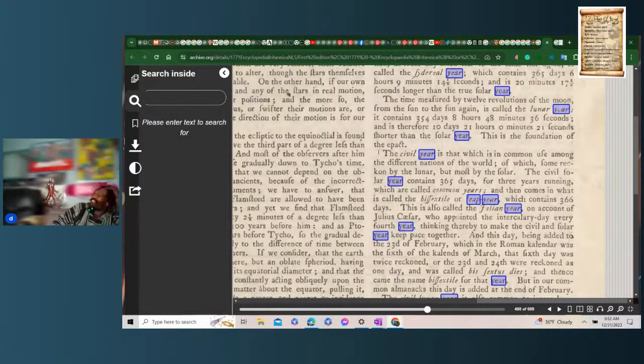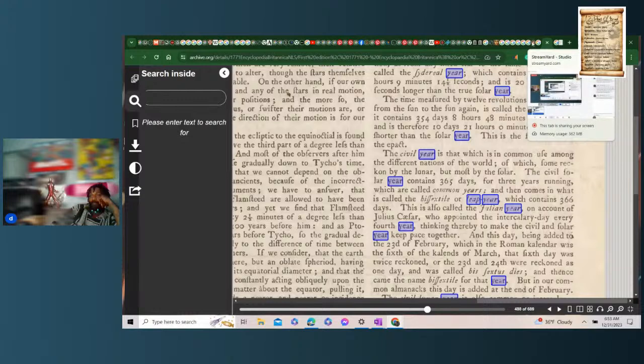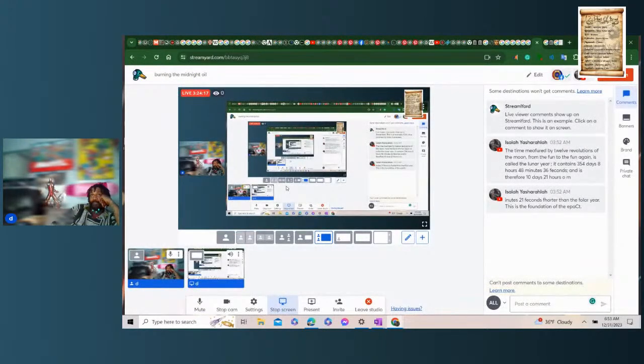All right, so no, but I'm not even going to lie, man, I honestly feel like every year is confusing because everybody's standard is mostly the Gregorian calendar, which is based on Julius Caesar's wickedness.